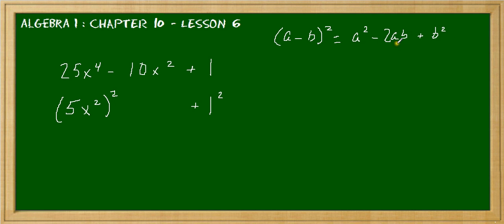So there's your 2ab, and this is really where our source of challenge is going to come from. Can we get the negative 2ab out of this? Well, what is the a term? The a term is 5x squared. Notice how it really got complex. You might say, why is there a square there? Well, because remember, it's 25x to the fourth power.